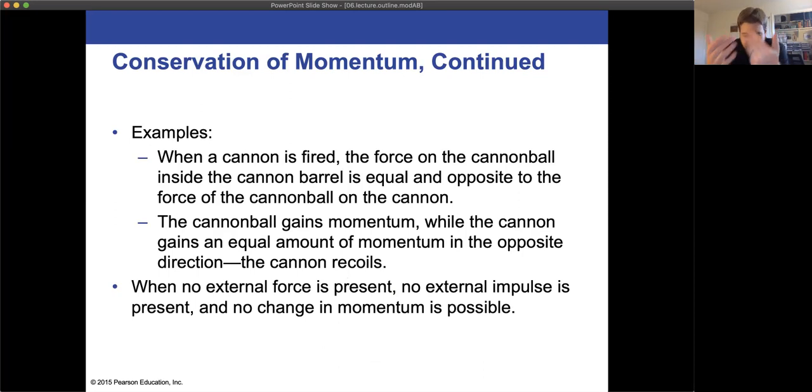But if we can find the velocity of the cannonball, then I know its momentum. And if I know how much time the firing lasted for, then I can figure out how much force by talking about impulse instead of acceleration.